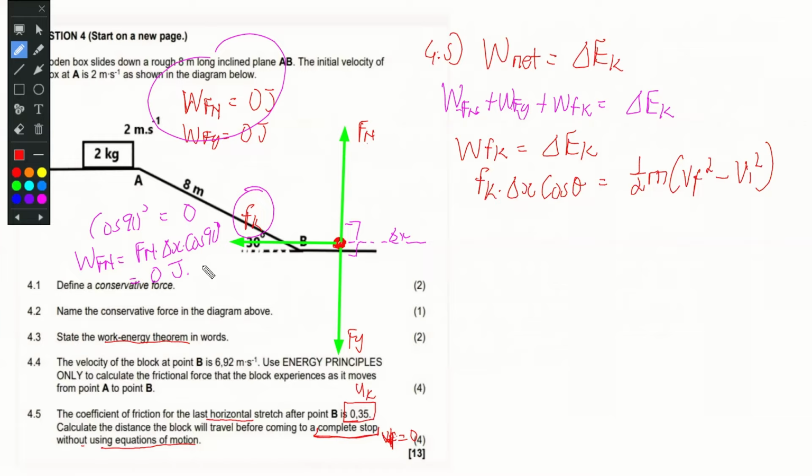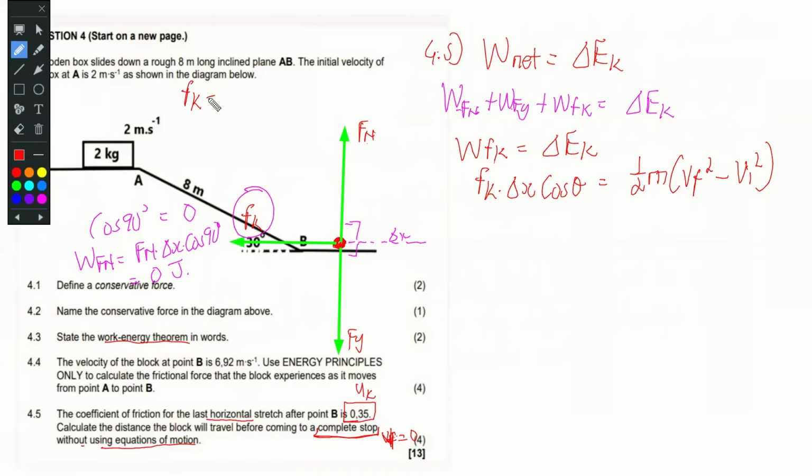So if we are given the coefficient, remember, even from grade 11, Newton's second law. Remember, this work, energy and power topic is just a stretch of Newton's second law. It's just an extension of Newton's second law. So you still apply the concept of Newton's second law even here.